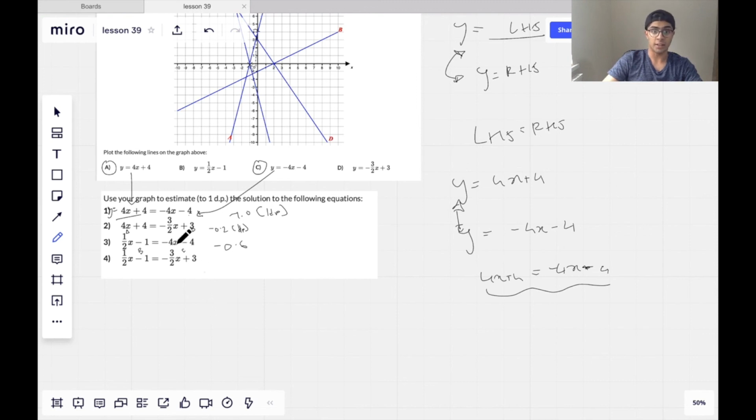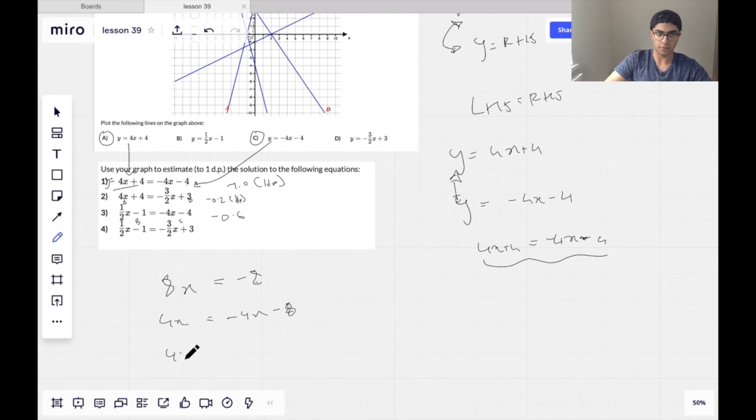Say they asked you to solve the equation 4x is equal to minus 8 using the graphs A and C. You might struggle to see how you do that, but all you have to do in that case is rearrange to get the left hand side and right hand side into this form, so you'd be taking away 4x from both sides and adding 4 to both sides to get it back into the way it was before.